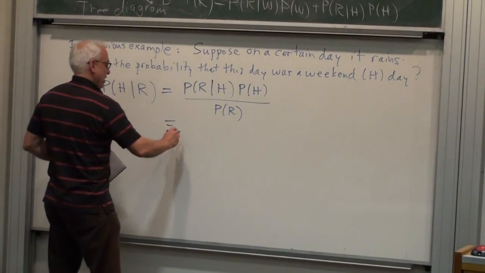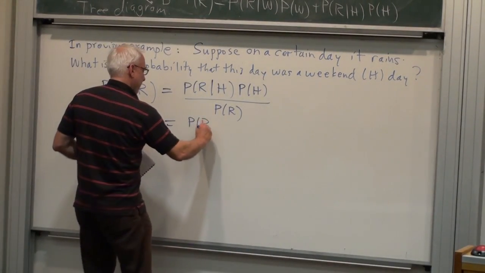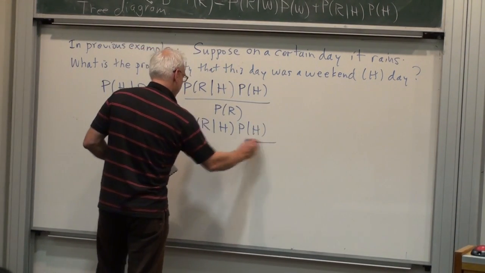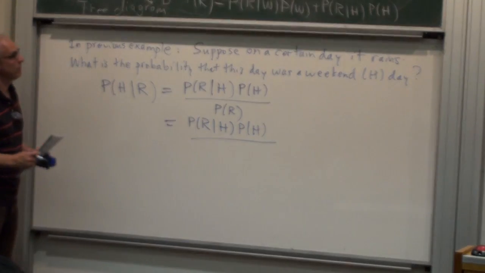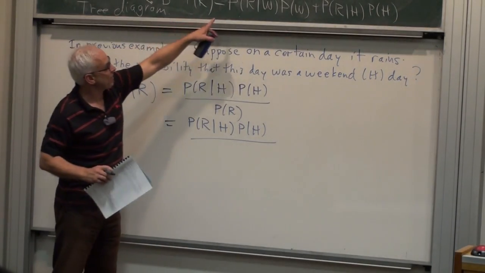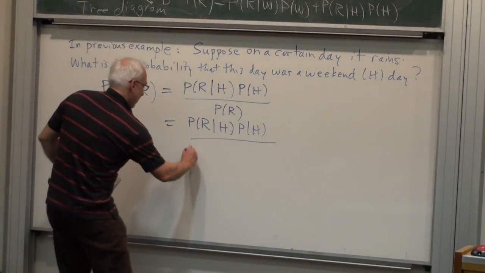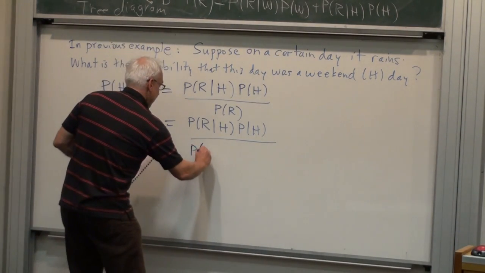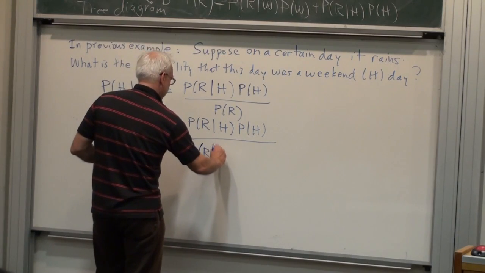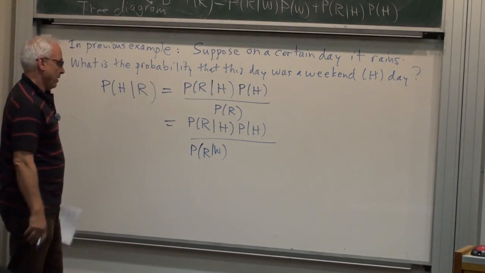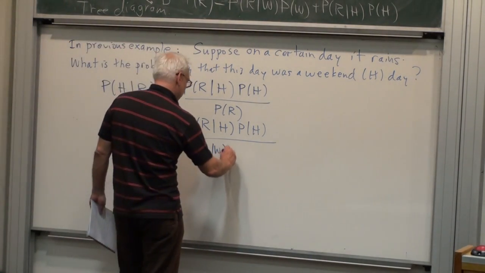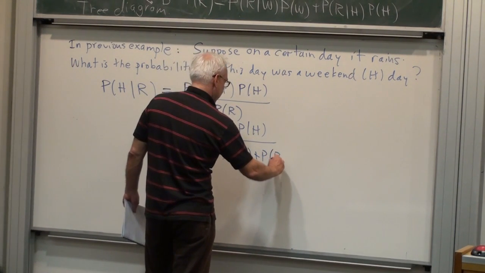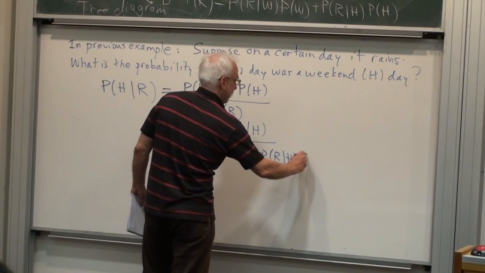But the full expression is the probability of rain given home times the probability of home, divided by the same thing that we've written here: the probability of rain given workday times the probability of workday plus the probability of rain given home times the probability of home.